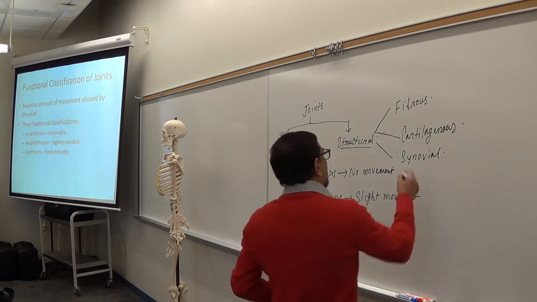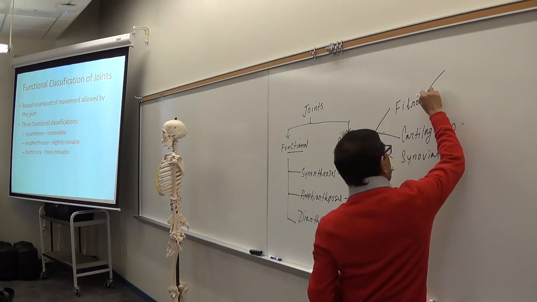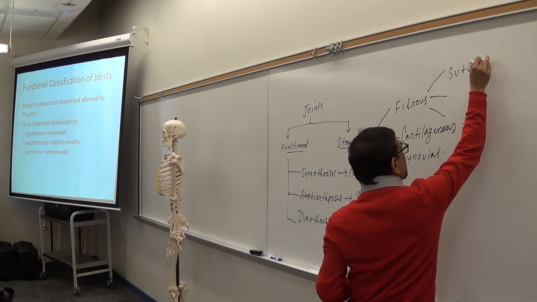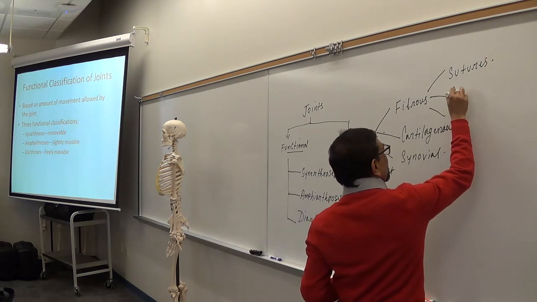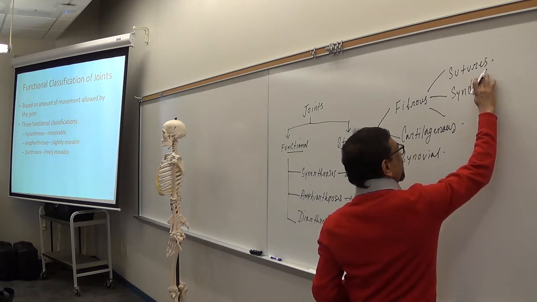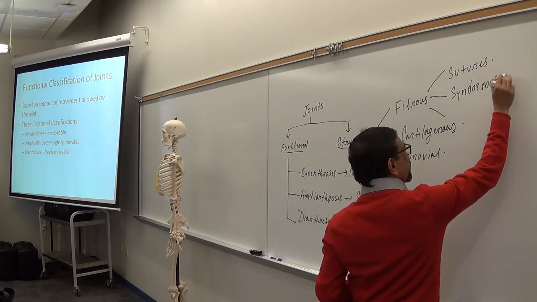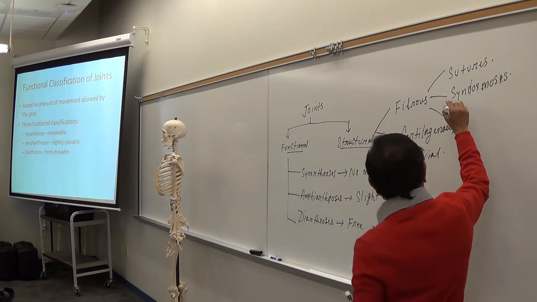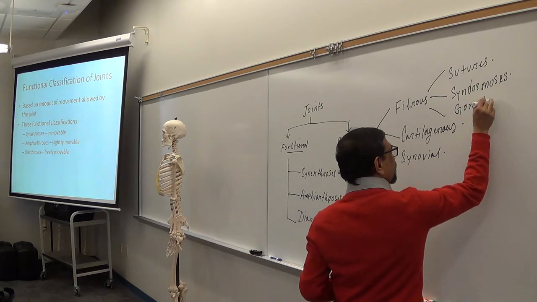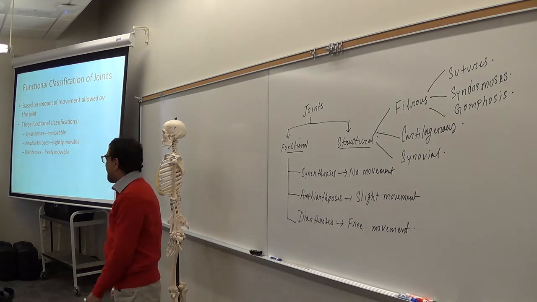Okay. Now, fibrous joints are three types: sutures, syndesmosis, and gomphosis. Those are the three types of fibrous joints.